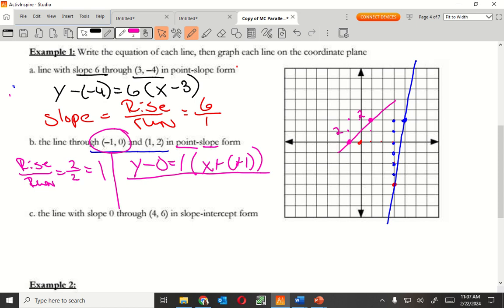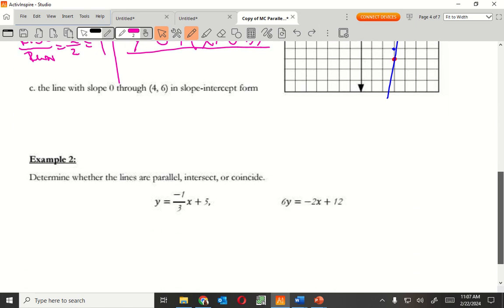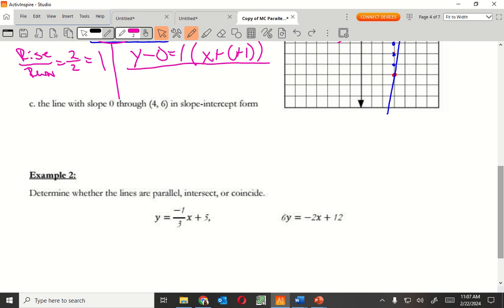Alrighty, so now I'm going to change up colors one more time here. Let's do black. So, let's use the equation. So now I have a slope and I have a point. So I can do this now.